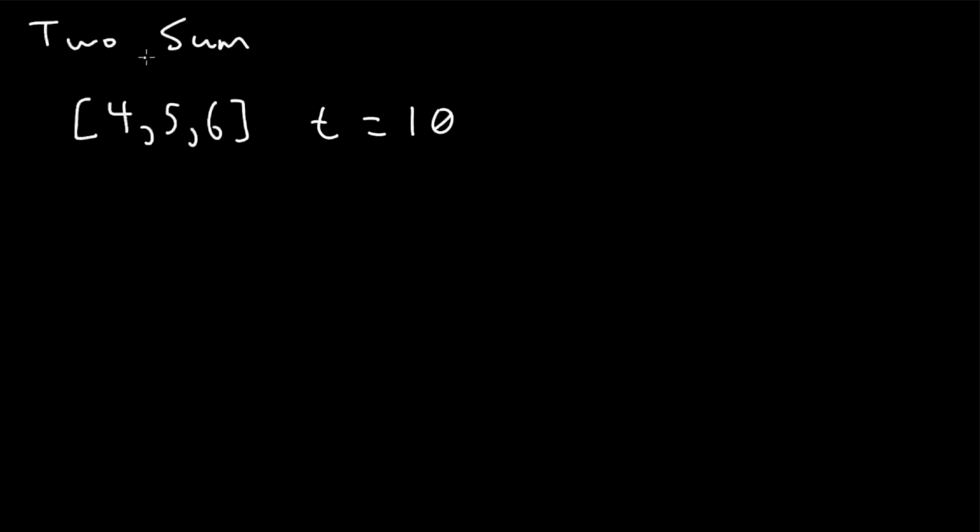Okay, so let's look at the Two Sum problem and think about how we can solve this with efficient time complexity and space complexity. The first thing to note is that we have numbers 4, 5, and 6 in this example, and a target of 10.